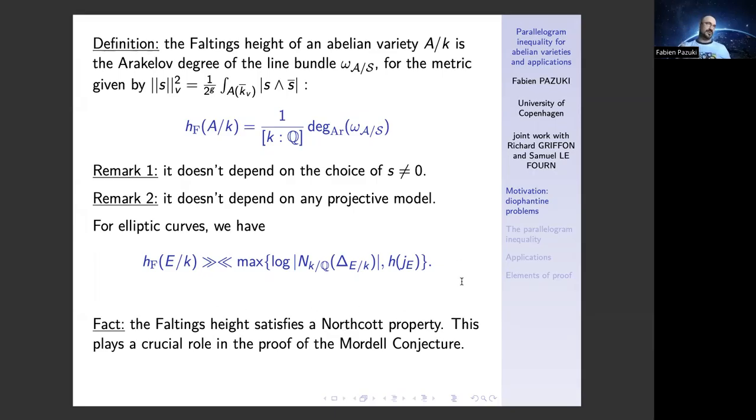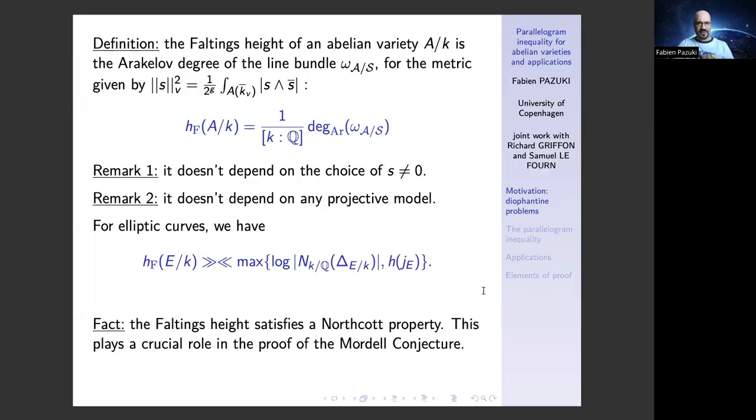So the set of abelian varieties of bounded Faltings height, with fixed dimension, fixed base field, and up to isomorphism, is finite. And this fact plays a role in the proof of the Mordell conjecture by Faltings. So of course, it's an interesting object, also outside of this talk. So I like this object.